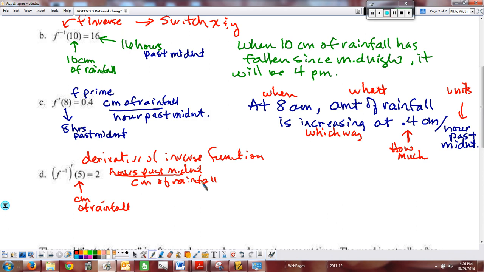All right? So now let's interpret this slope. Again, we have to do the when, but now remember the when is referring to this 5. So when 5 centimeters of rainfall has fallen, okay, what are we changing here? Let's come back up here to our quantity. We were putting in centimeters of rainfall. Our quantity was the hours past midnight, the time. So our what, in this case, is going to be the time.